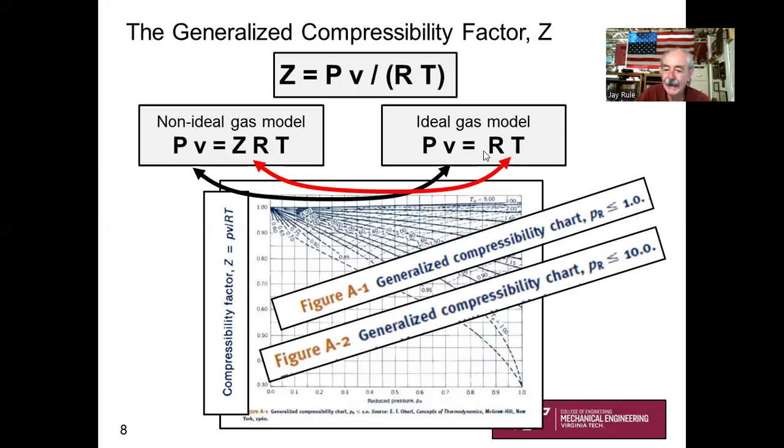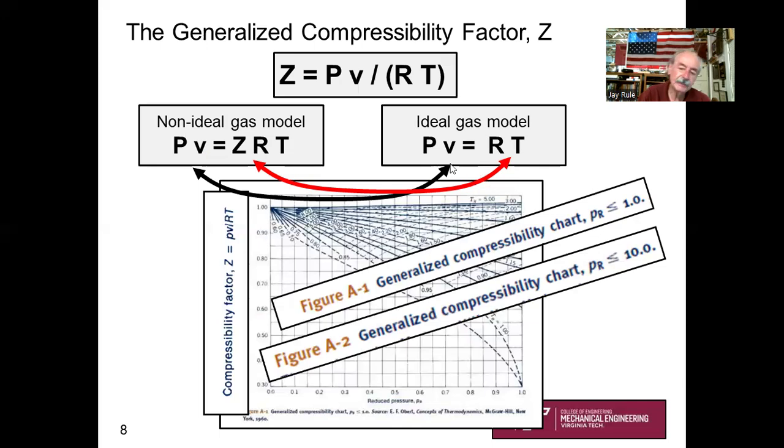Now I've written down the ideal gas equation of state, the way we model most commonly recognized gases. P times little v is equal to RT. Let's see how these are similar. The left-hand sides are identical. The right-hand side, both have an RT in them, but there's this Z over here. Do you see that?